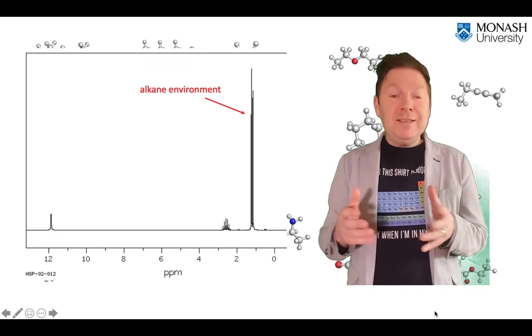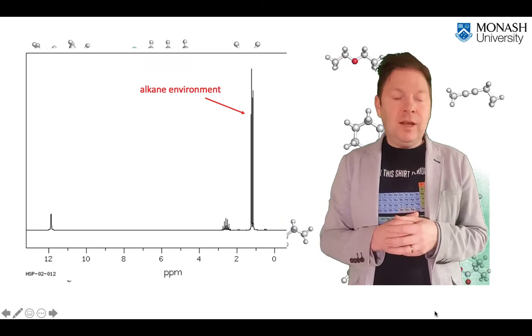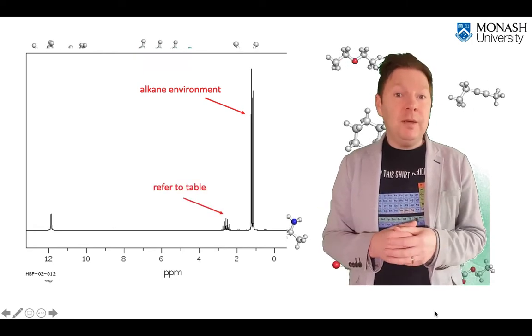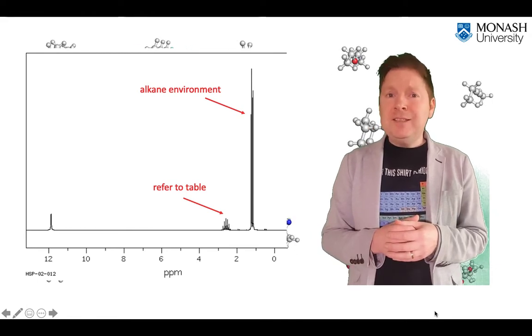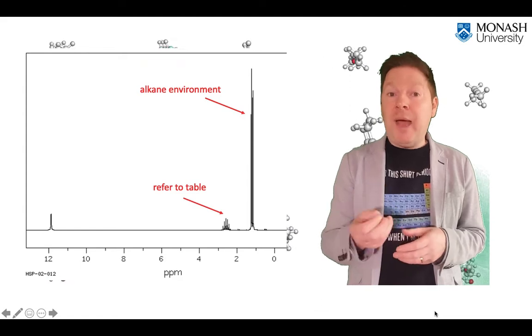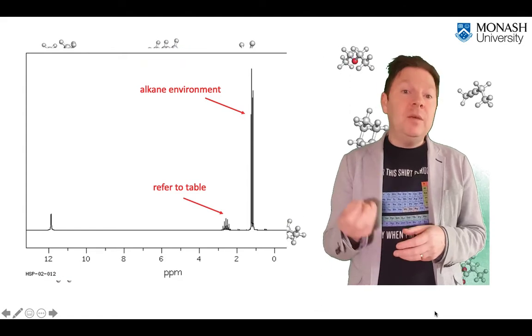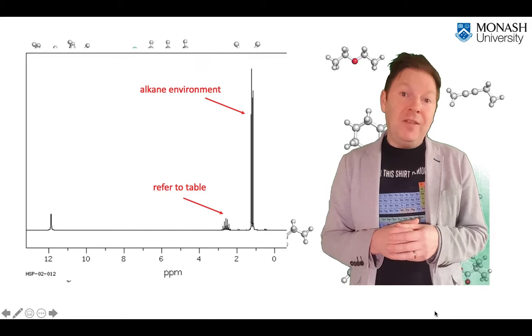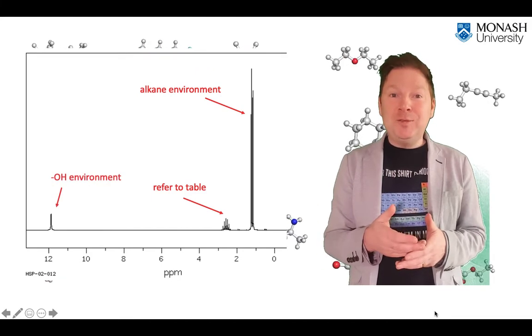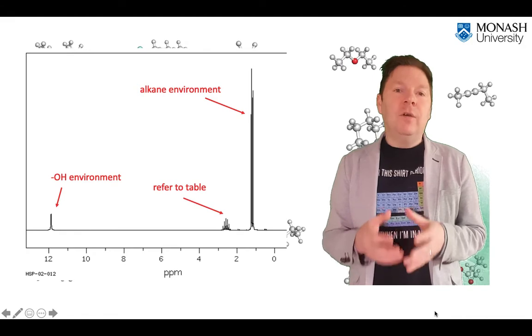Whereas the septet is a little bit further downfield, in other words at a higher value for ppm, or chemical shift. Now, it's not quite clear what this could be. You've got to go back to those data tables to have a think about what sort of possibilities you might have in that case. And then the final peak, of course, is right up near 12, which is really indicative of an OH group.